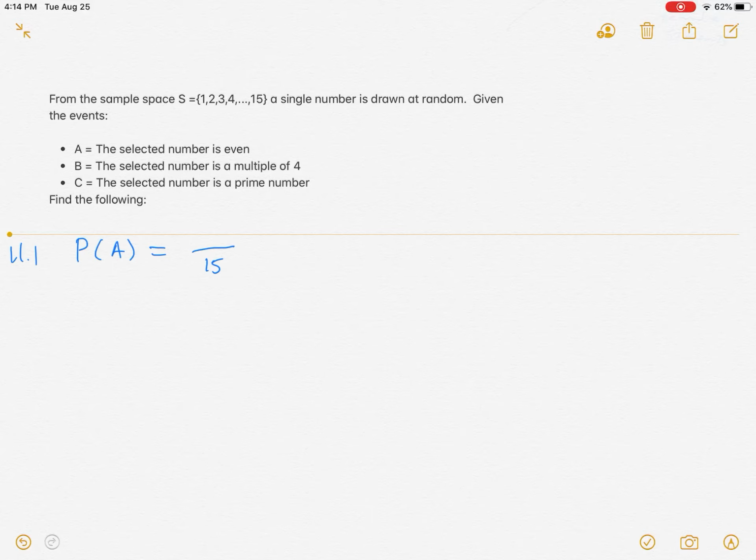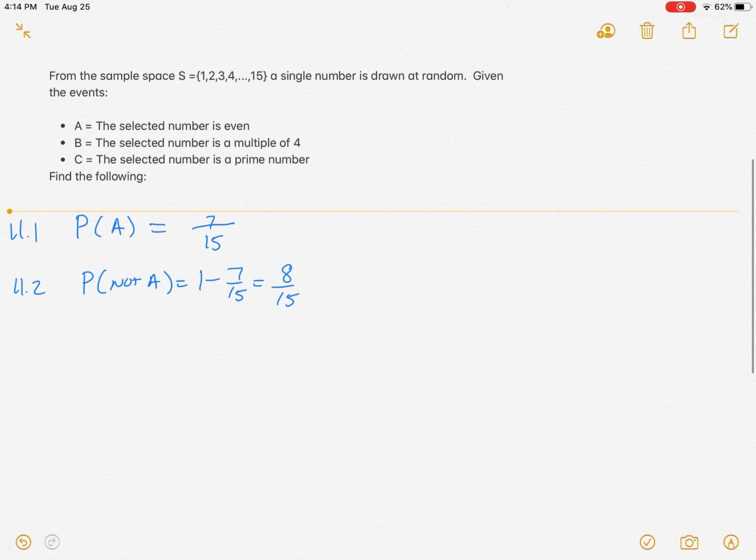There would be 7 numbers that are even. It could be from 11.2 and have the probability of something like not A. We know the probability of it not being even is 1 minus 7/15, from what we did last section, or 8/15. Or equivalently, there are 8 non-even numbers out of 15, or in this case, 8 odd numbers out of 15.